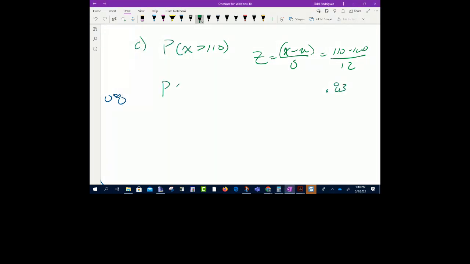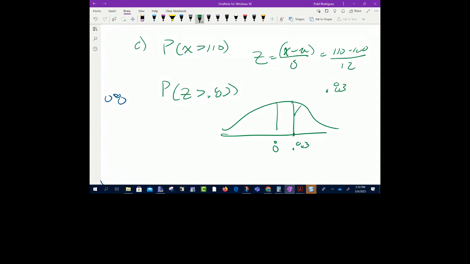Okay, what we're trying to figure out, what's the probability that Z is bigger than 0.83? So here is 0. Here is 0.83. I'm looking for that area, y'all. Looking for the area to the right.